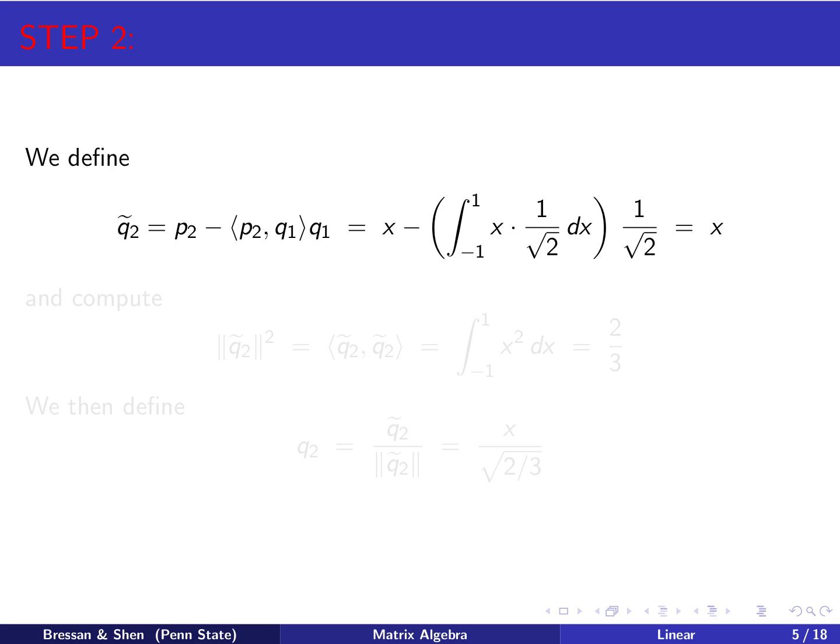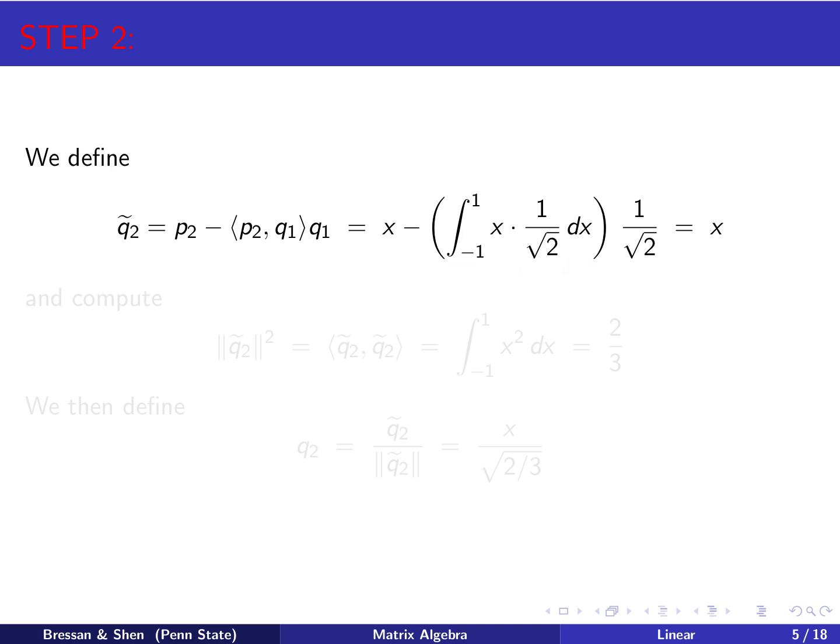P2 is a function, it's x, and then we calculate the inner product of P2 with Q1, which is the integral from -1 to 1 of x times Q1, which is 1 over the square root of 2, dx.